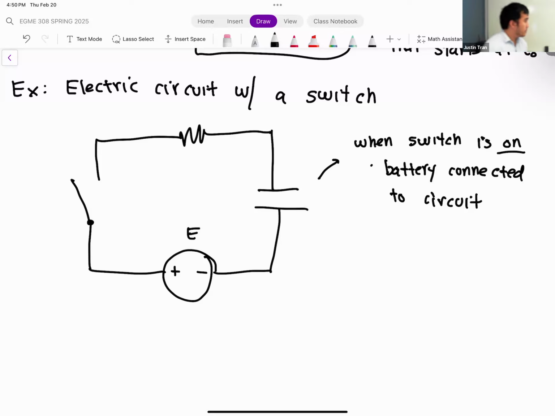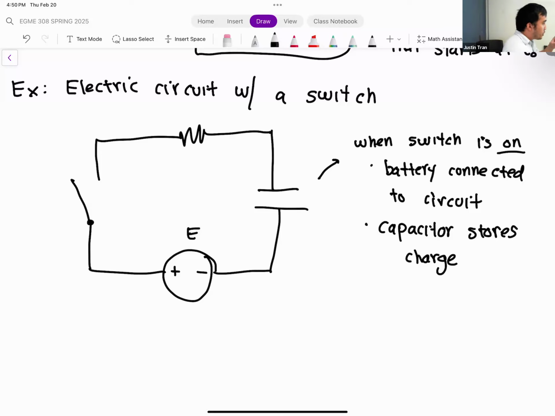And when the battery is connected to the circuit, the capacitor is going to start to store charge. So basically the battery is going to be supplying power to the circuit and the circuit's going to start charging.